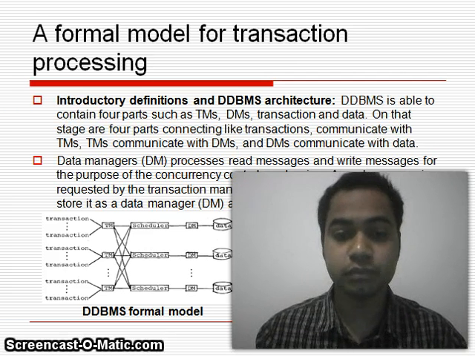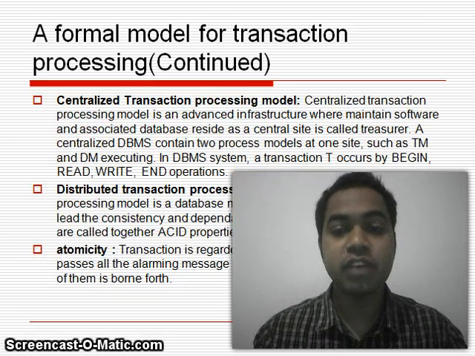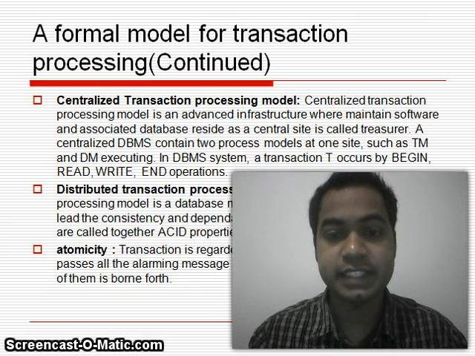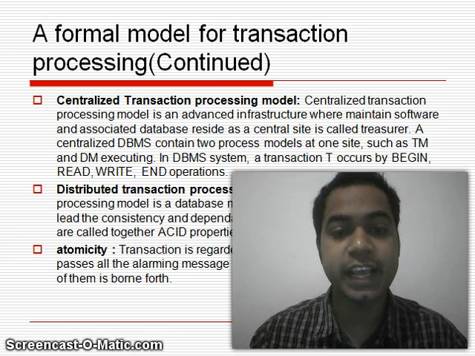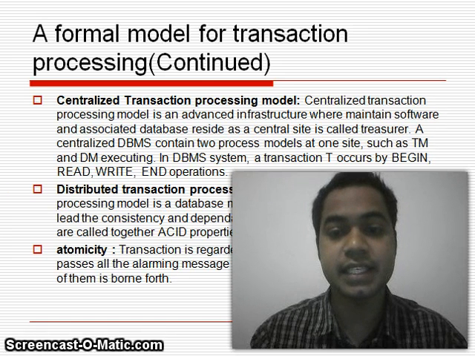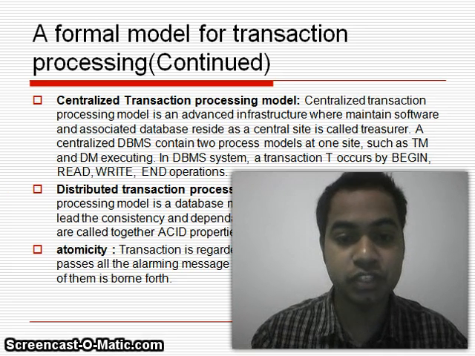Centralized transaction processing model. The centralized transaction processing model is an advanced infrastructure where the maintained software and associated database reside at a central site. A centralized DBMS contains two process models at one side, TM and DM, executing.